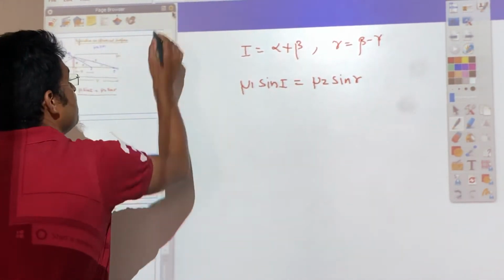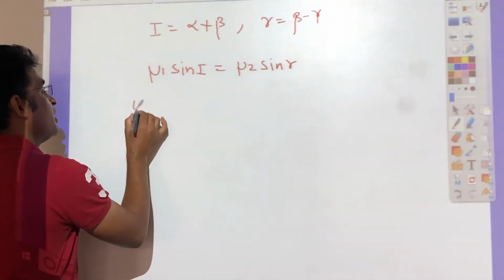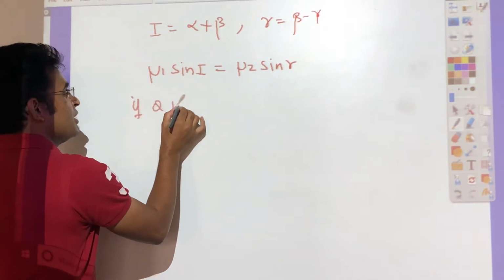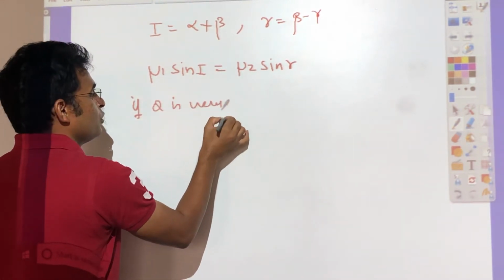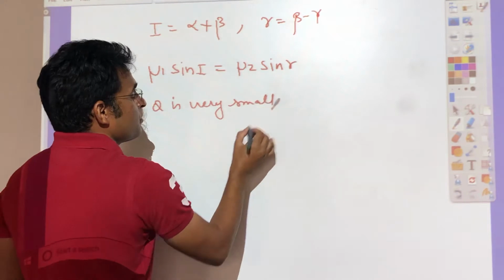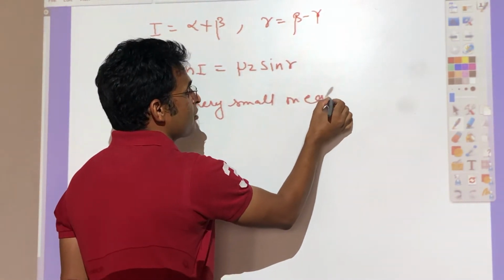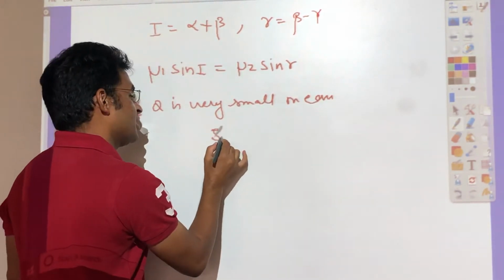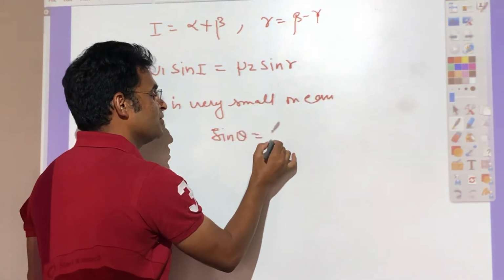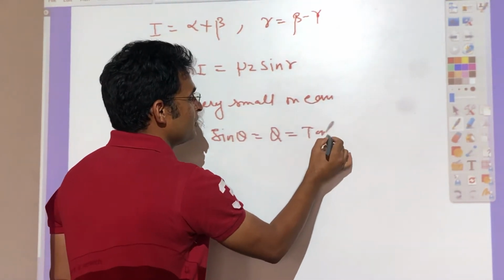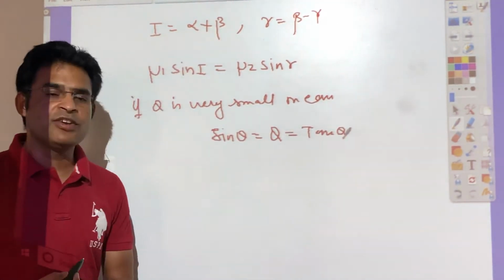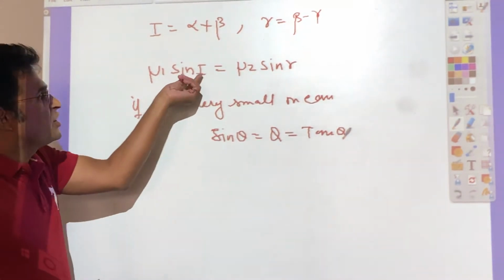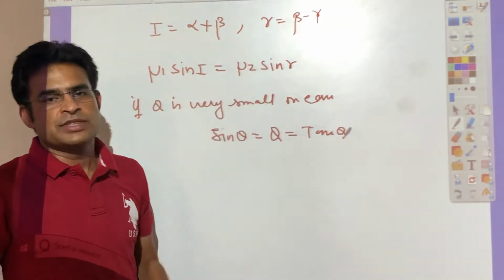We know that concept: if theta is very small, sin theta is equal to tan theta. Whatever we need, we can write it. So in place of sin i, I'll write i. In place of sin r, I'll write r.